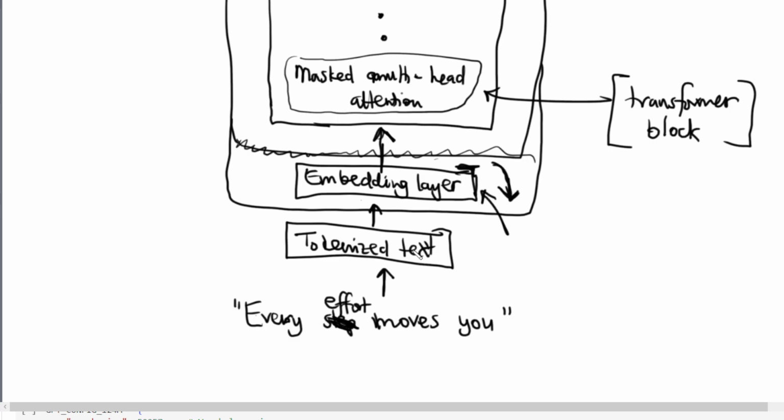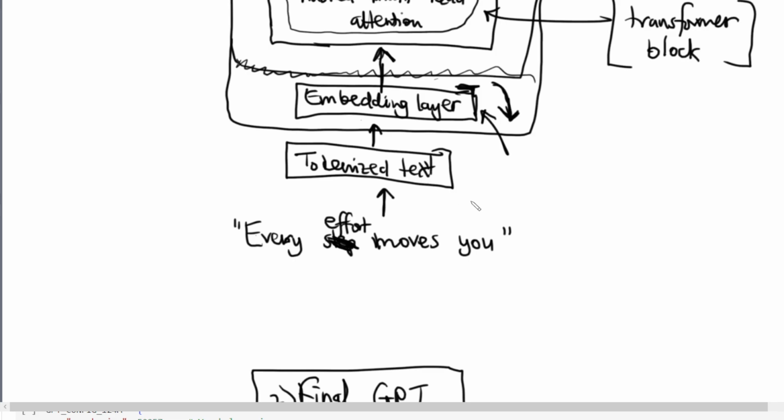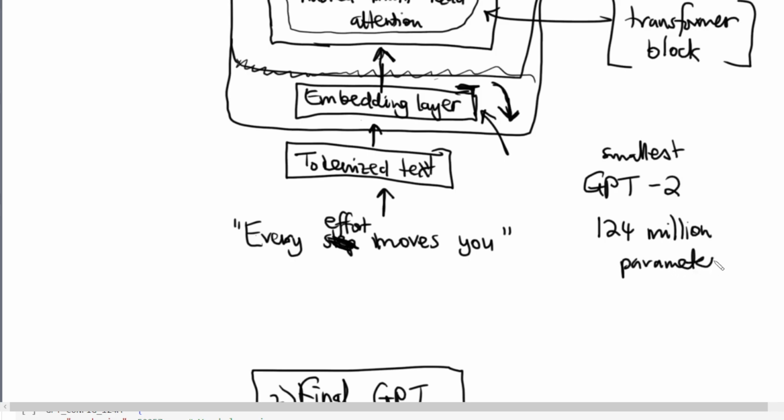We're working with very small models, but here we will aim for the smallest GPT-2 model, which is around 124 million parameters. But this can be scaled up to the medium and large GPT-2 models, which have 345, 762, and 1.5 billion parameters.